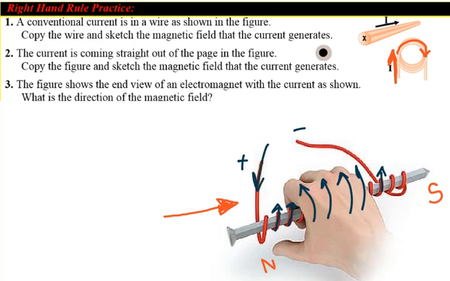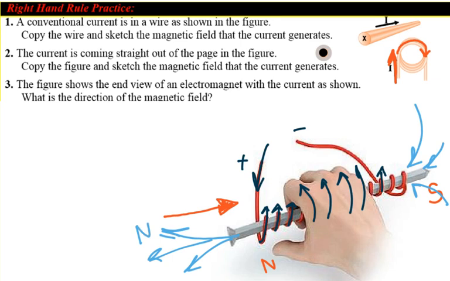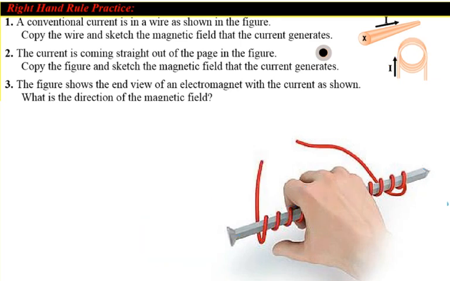So the current is going down on the back side of the nail and up on the top side of the nail. I have to show the direction of the magnetic field lines, and the magnetic field lines are coming out of the north and getting into the south. So the magnetic field lines will look like this, out from the north, because I know which side is north, and into the south. Looking at the picture that is given, I have to wrap my fingers around, so my hand has to be wrapped like this.